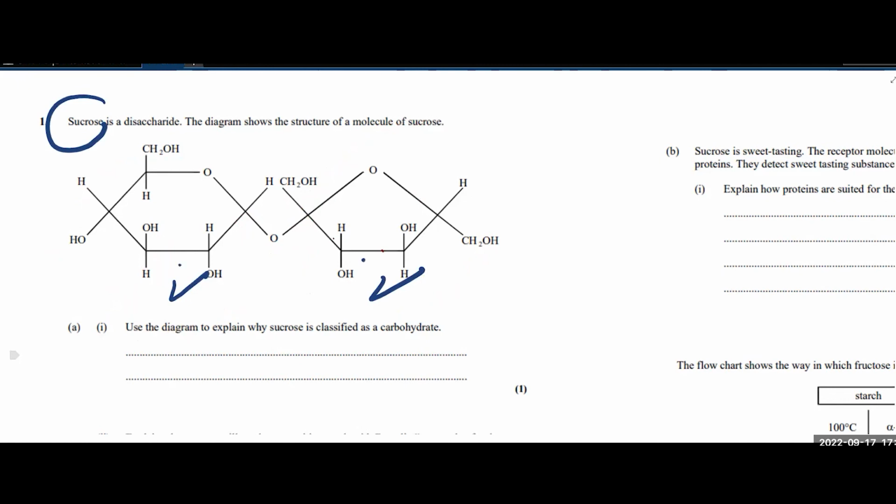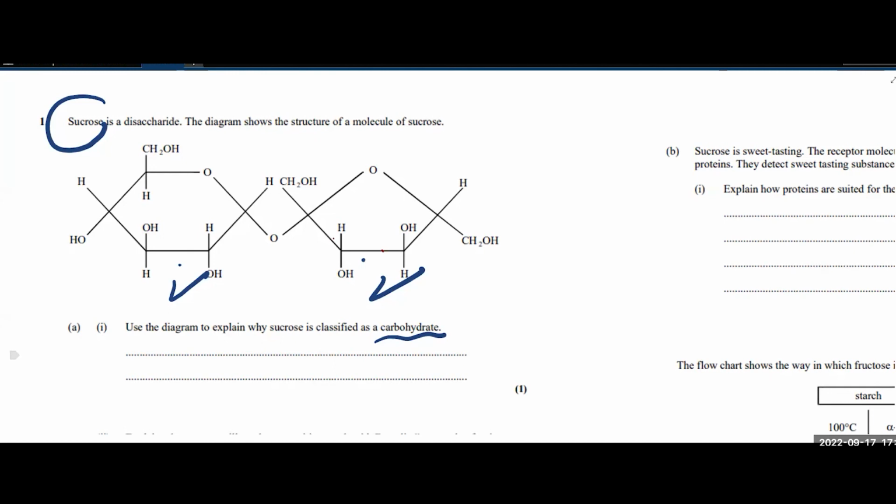Why is sucrose classified as a carbohydrate? So here I have to define the word carbohydrate, right? What are carbohydrates? They are compounds with a hydrocarbon chain which are made of polyhydroxyl compounds, or they have many hydroxyl groups. You got my point?